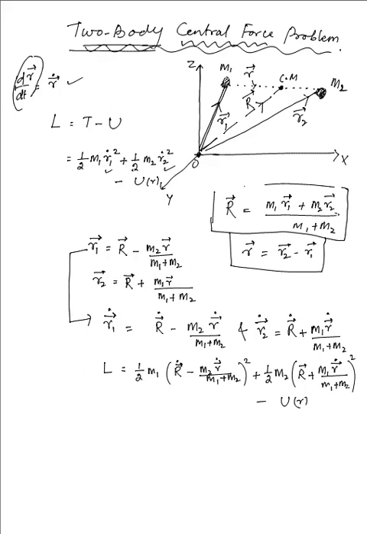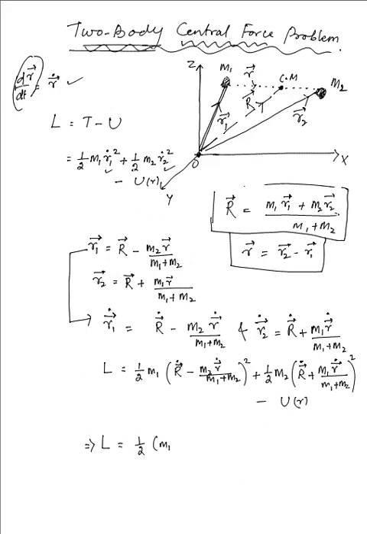Now since the capital R terms are just r dot, the capital R terms are just common things. So what we can do is we can just get the L over here, that is L is equal to half.